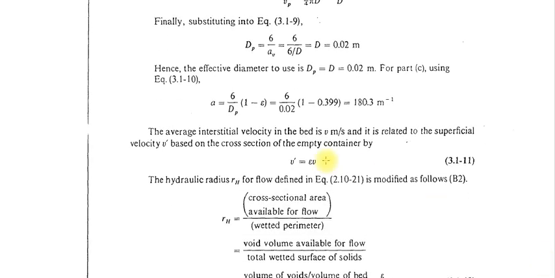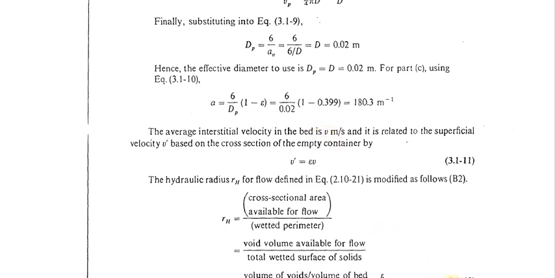Now the next parameter is the superficial velocity. Basically, the superficial velocity is the velocity of the fluid when we assume that the column is empty. This is not the actual velocity. The actual velocity is V. It is the linear average velocity of the fluid inside the packed bed column.